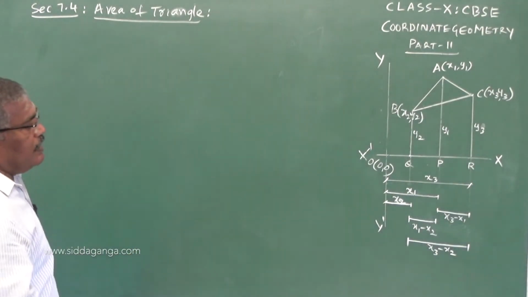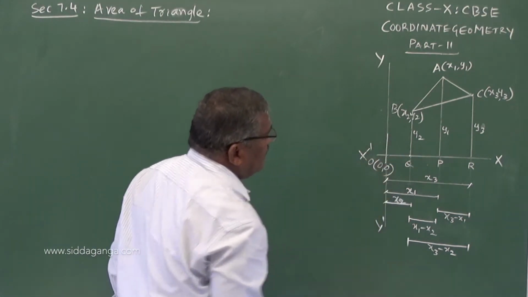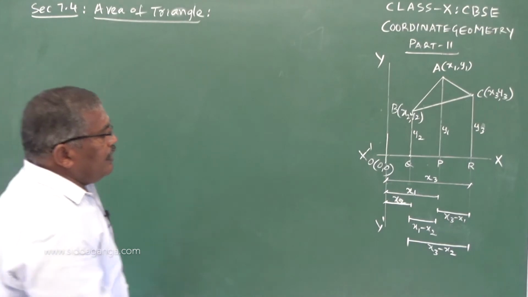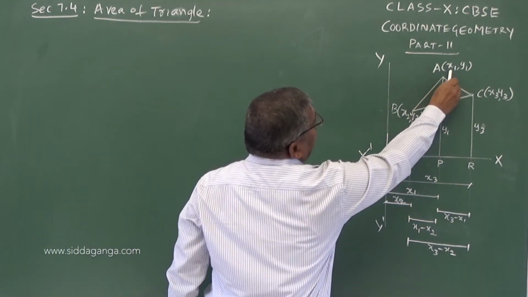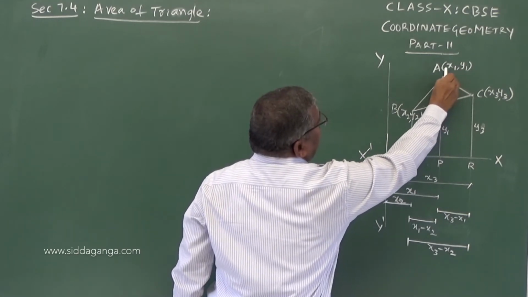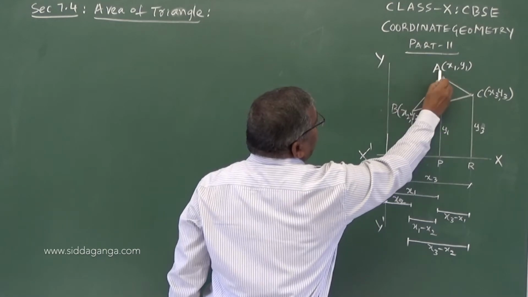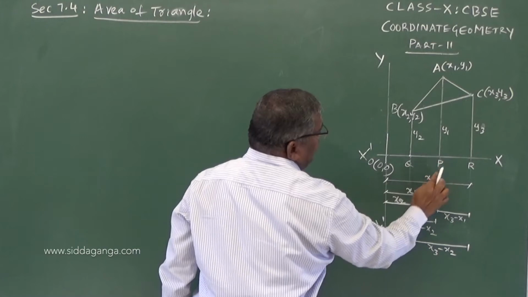So let us carefully note down this diagram. Here you can see x1 is the horizontal distance, the distance of this point from the y axis, that is OP.